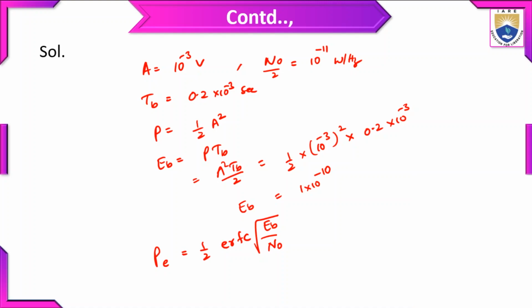But in PSK, the 2 is missing. The same function, the remaining is all the same, only the denominator 2 is missing in PSK. So this is the formula for probability of error. We know the EB value and the N naught value, so we substitute these values and find the probability of error.